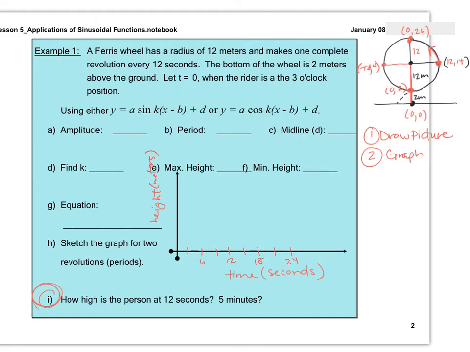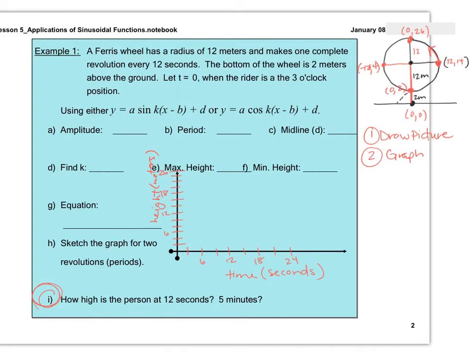So I need it to go up to at least 26. Half of 26 is 13. Maybe I'll count by 2s. So we have 2, 4, 6, 8, 10, 12, 14, 16, 18, 20, 22, 24, 26 meters.